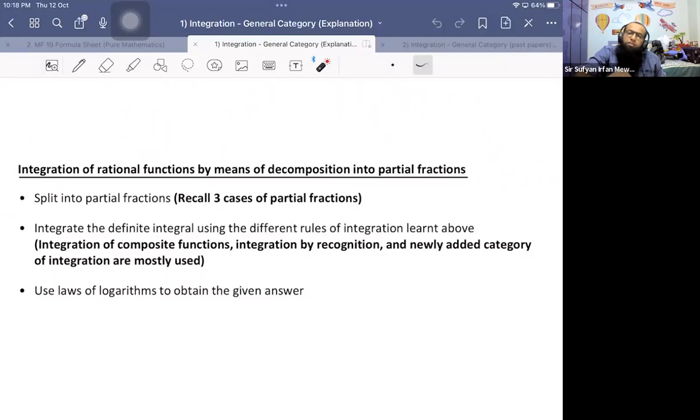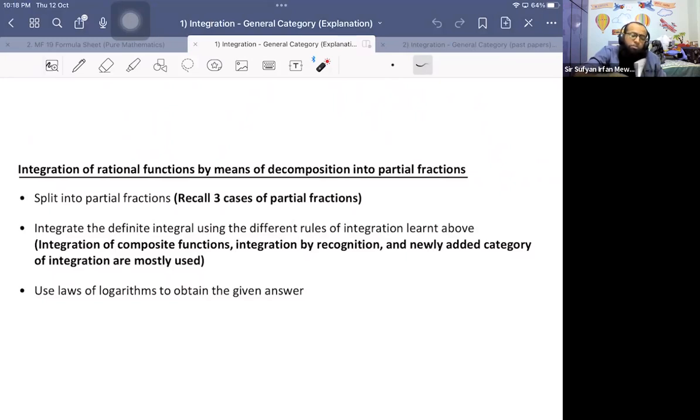But identification at times is a bit tricky, but that is not difficult either if you have practiced it. If you have practiced sufficient topical past papers as well as yearly past papers, then this is not going to be a problem for you, inshallah. So it all depends upon your mindset, and the more practice you have, the better you will get.